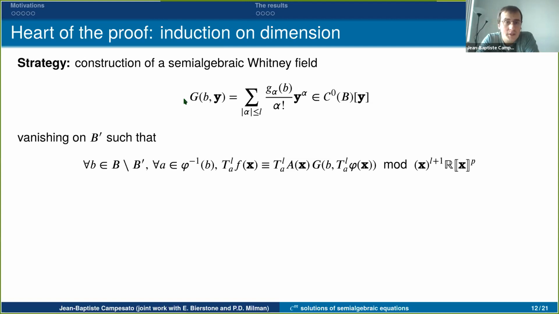So I'm just going to assume that the G that I'm going to construct will be equal to 0 on B prime, where the constant term is equal to 0. And on the complement of B prime, this G will be a solution of the equation, but at the level of the Taylor polynomials, not only at the level of the values. This notation is simply the Taylor polynomial of degree L of f at a, of the components of f, the same for the entries of A, and we should not forget this composition which is involved.